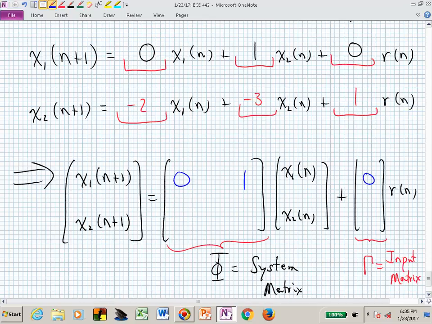So the input matrix, which is gamma, is 0. What about the second row of the phi matrix, the system matrix? -2 and -3, and the bottom row of the input matrix gamma is 1. That's how it's populated. You now have the system matrix and the gamma matrix.